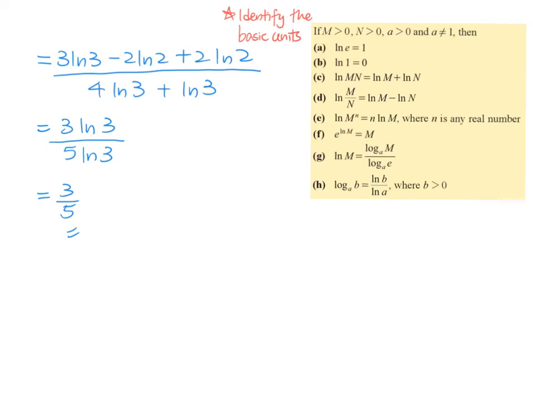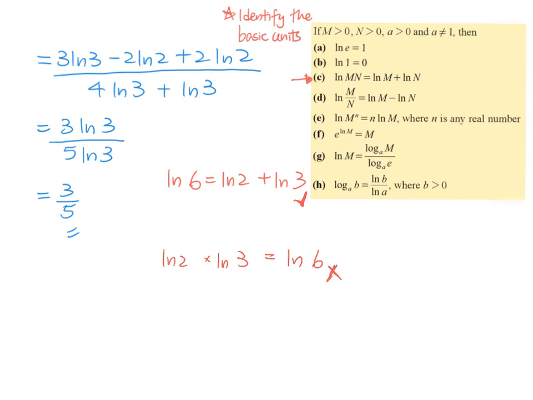I'd like to bring your attention to this law right here. ln 6 equals ln 2 plus ln 3. Fair enough, but a lot of you always get it mixed up, saying ln 2 times ln 3 equals ln 6, and that is obviously wrong.